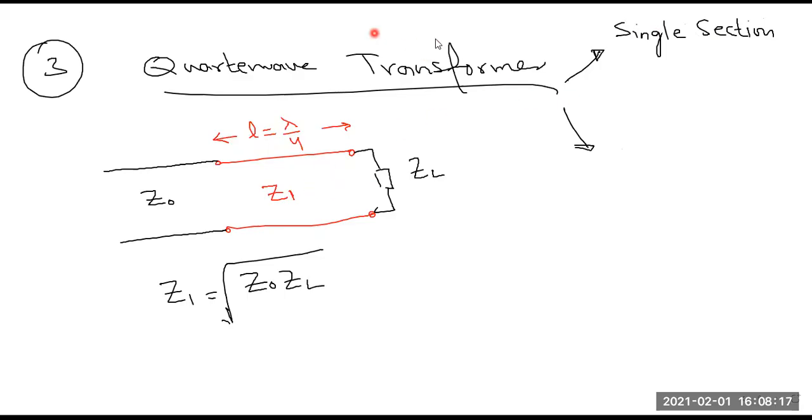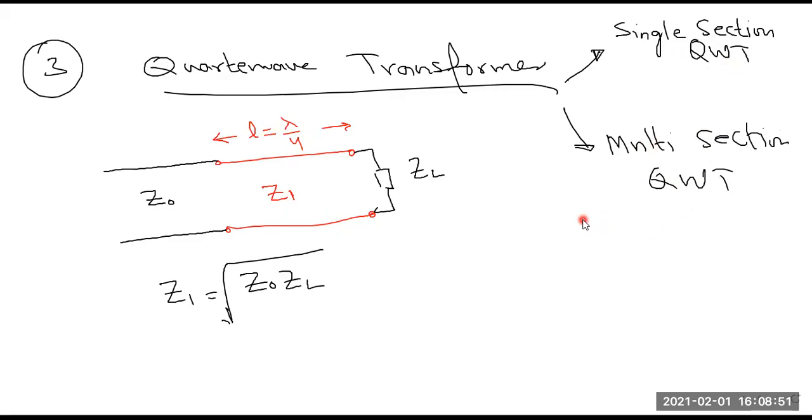But there is another design of quarter wave transformer that we will discuss in detail, and that is known as multi-section quarter wave transformer. Let me abbreviate quarter wave transformer with QWT. We are going to find out what is the limitation of a single section quarter wave transformer, that is this one, and how we can convert a single section quarter wave transformer to a multi-section quarter wave transformer.